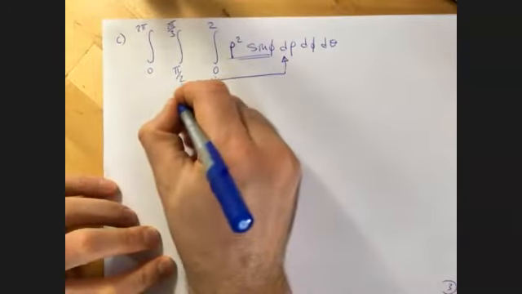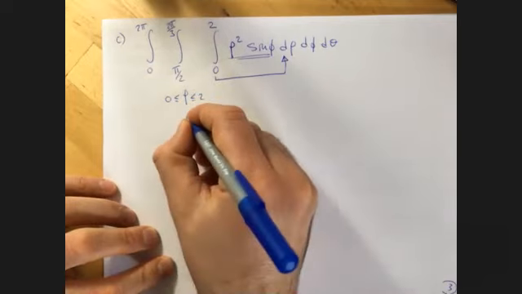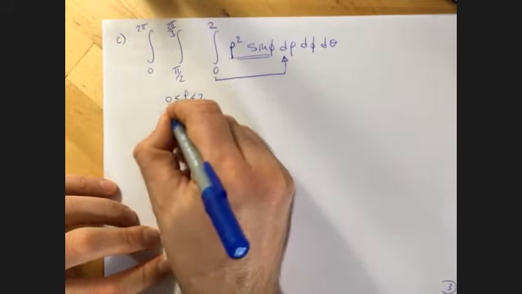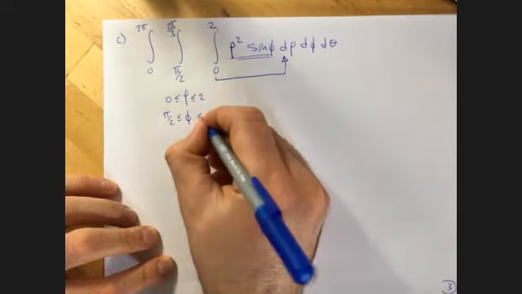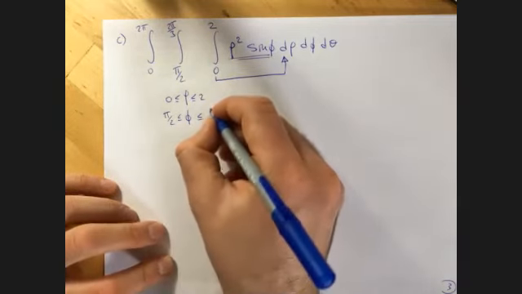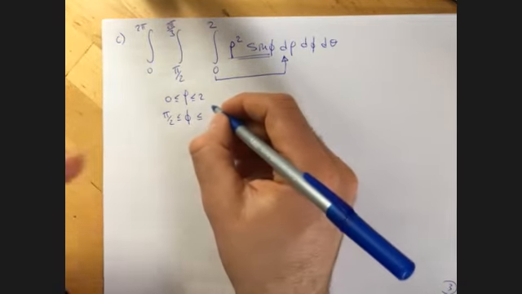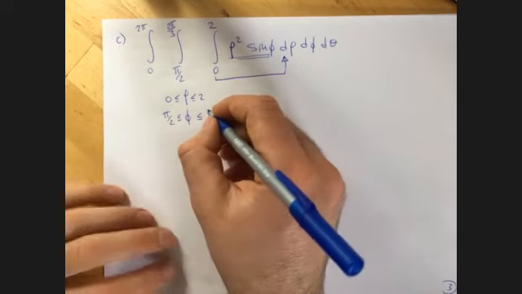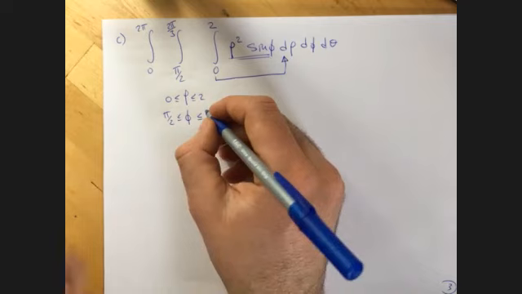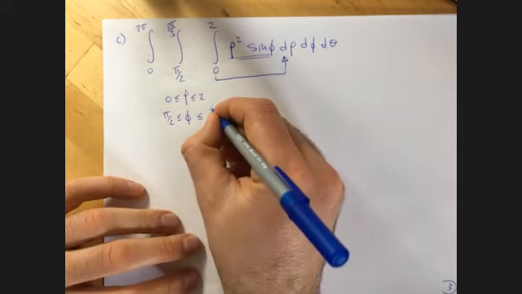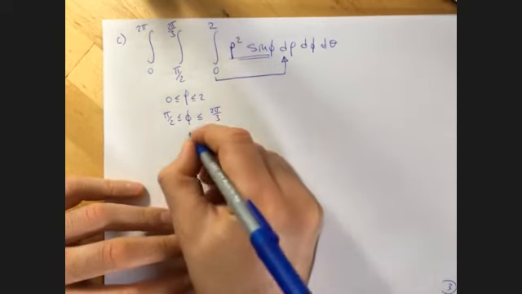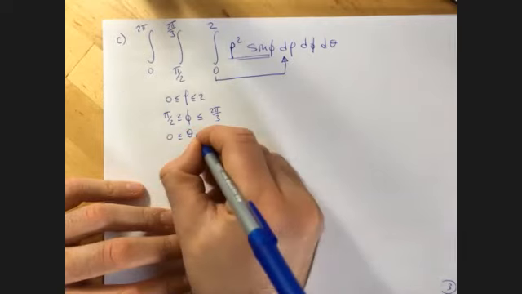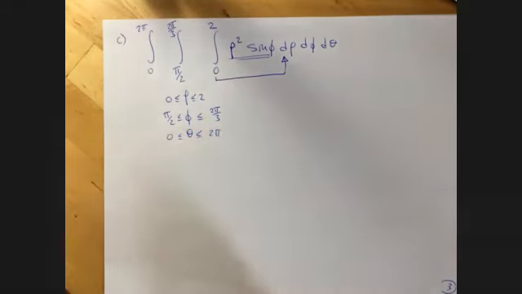So rho is between 0 and 2, phi is between pi over 2 and 2 pi over 3, and this is the only interesting part about this question, because phi is basically below the xy plane, for negative values of z. And theta is between 0 and 2 pi.